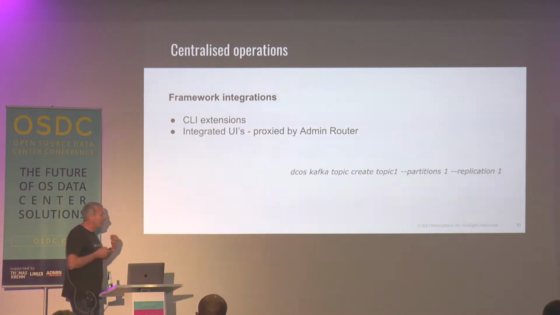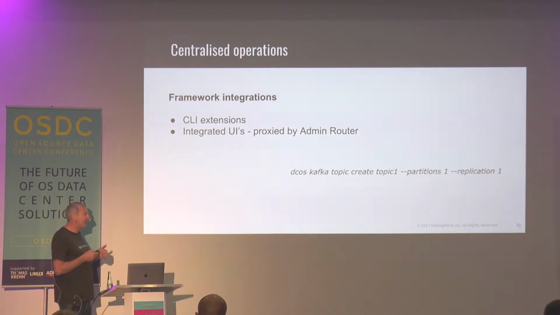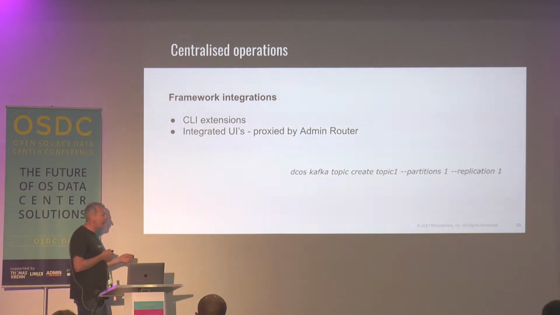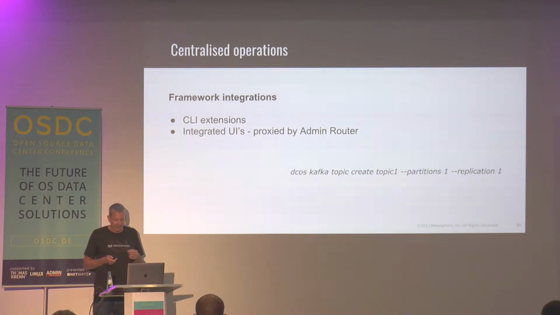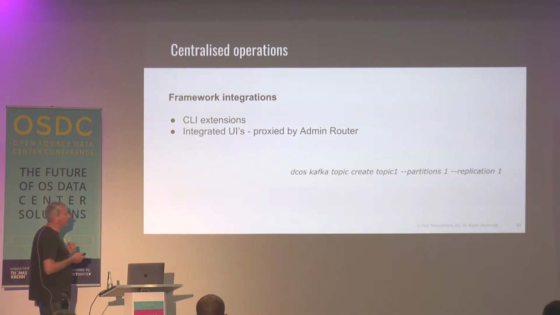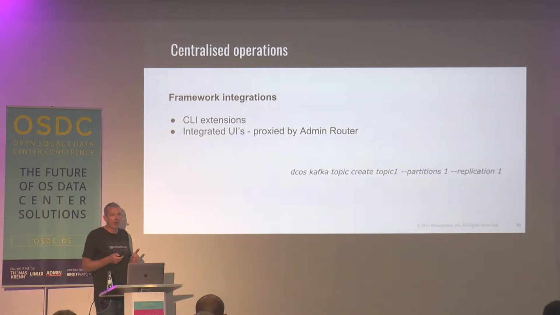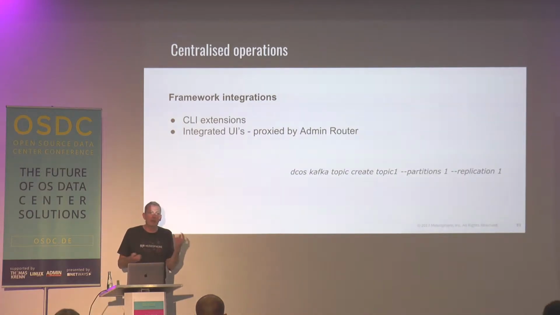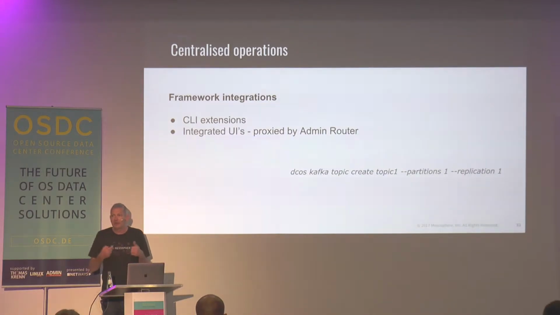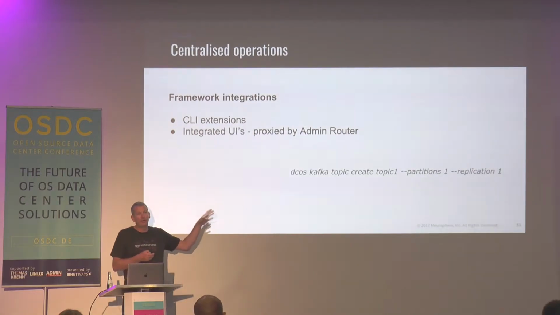And there are a few other things that we provide in order to simplify that operational complexity. The first one is that the frameworks will generally have integration with the DCOS CLI and UI, so that rather than having to switch between different CLIs to achieve common operational tasks, we'll have, for example, a CLI extension where we can just use the DCOS CLI to do that.